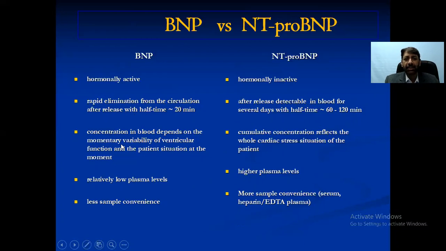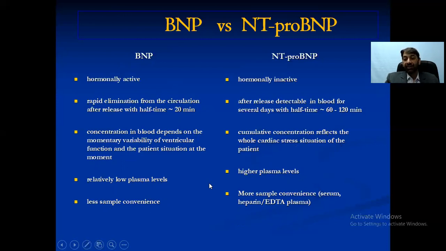BNP concentration in blood depends on the momentary variability of ventricular function and the patient's situation at the moment, while NT-ProBNP cumulative concentration reflects the whole cardiac stress of the patient, so again, more reliable as compared to BNP. Relatively low plasma levels versus high plasma levels. Less sample convenience versus more sample convenience.